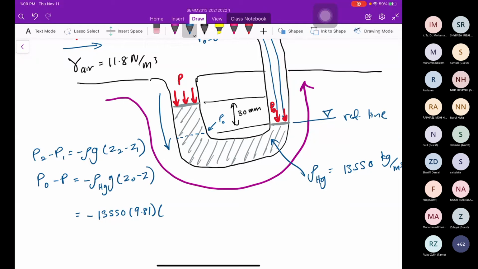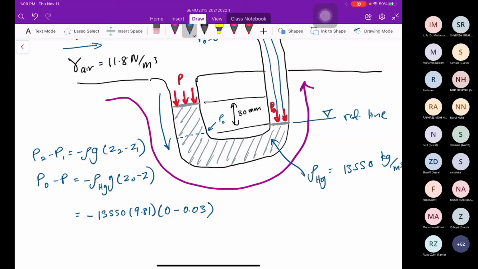Why 0? Reference line. Yes, at the reference line, 0 minus Z. What is the value of Z? 30 mm. So convert into meter, 0.03.